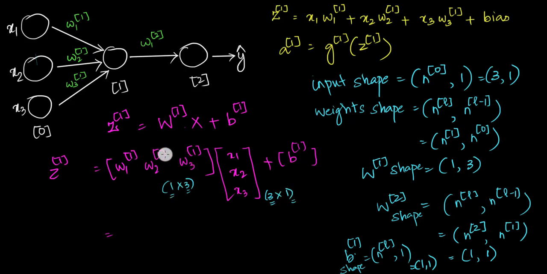Okay, now let us multiply these two matrices. As we learnt in high school, matrices should be multiplied in a row and column wise manner.